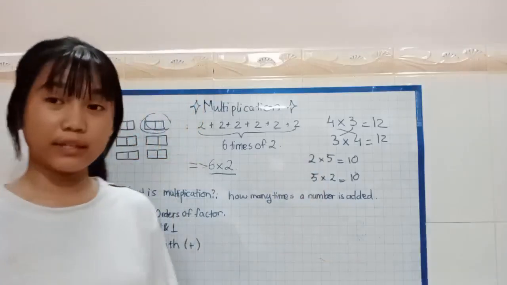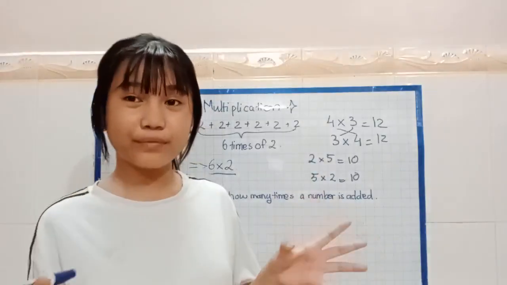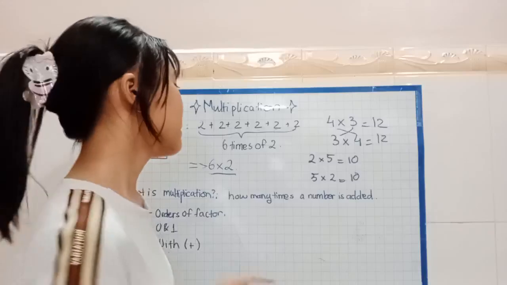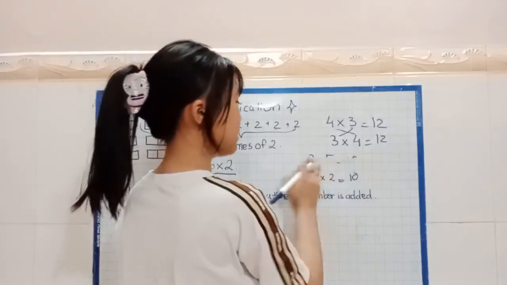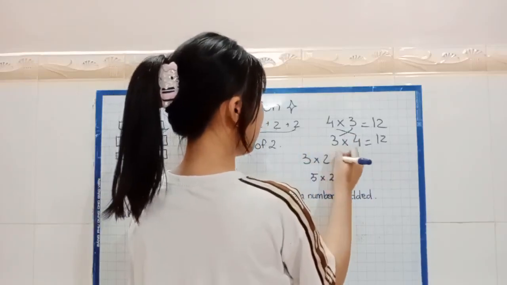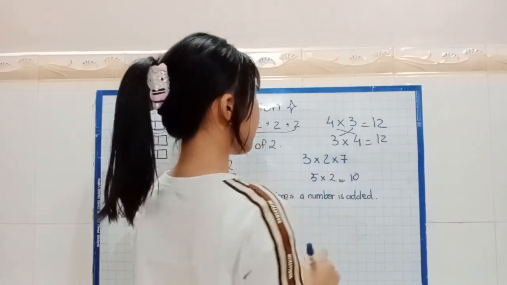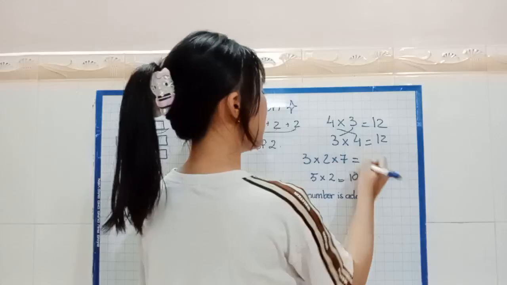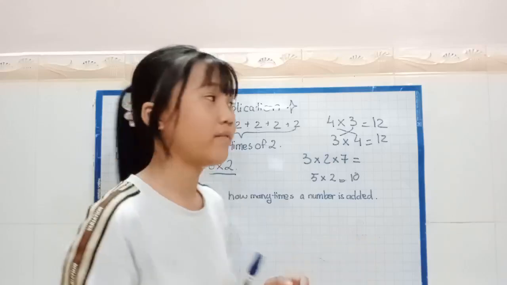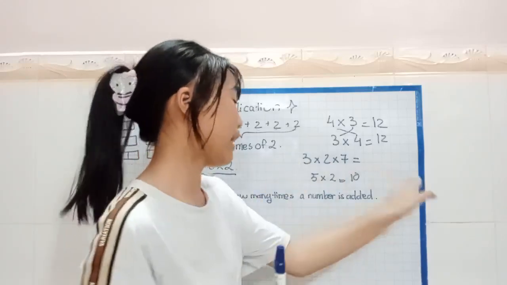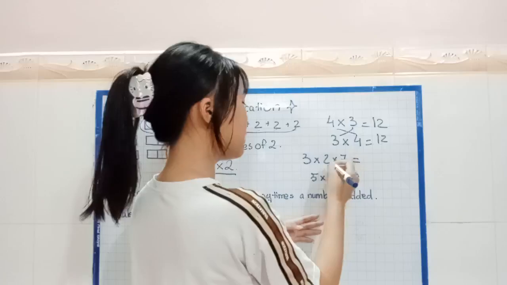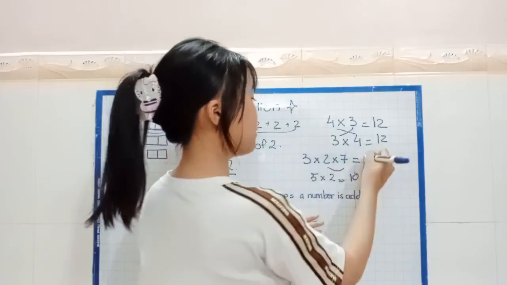So for this, we could understand that no matter what the order of these factors are, they always result in only one result. So even if you have a math problem, like let's say 3 times 2 times 7, okay? So now you could change the order of it. If you want, you could calculate through like this. But if you are more familiar with the 2 and the 7 together, then you could do the 2 and the 7 together first.